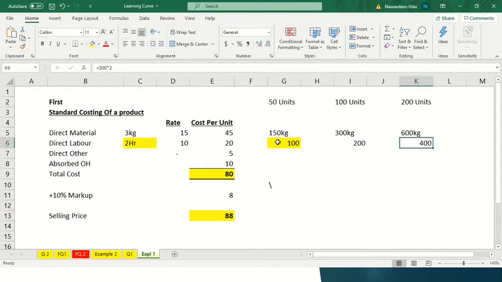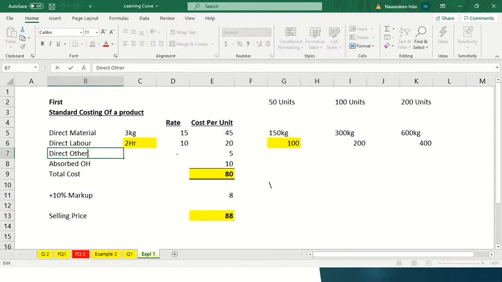So we are saying the learning curve theory will apply for this labor related cost. Sometimes our other variable cost can be linked with our labor hours. Let's say this is direct variable, let's say this is other.